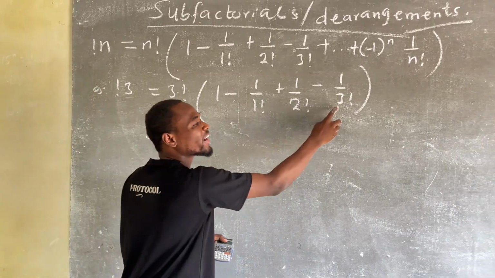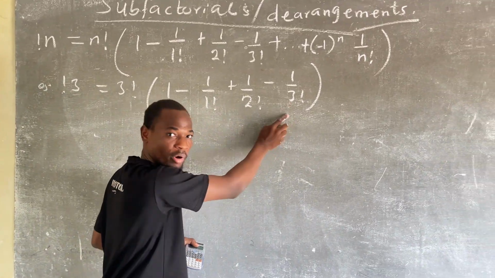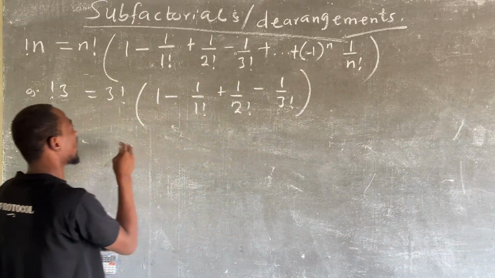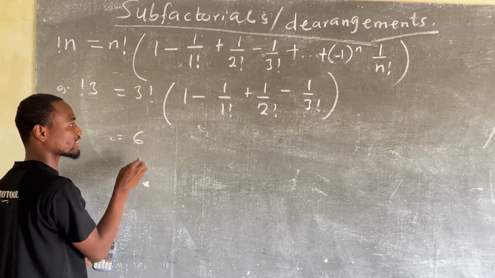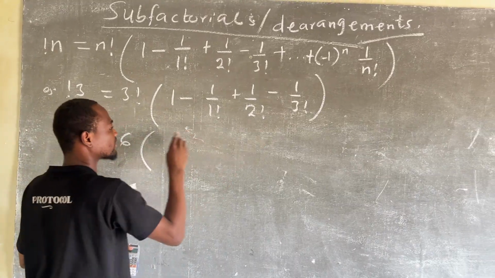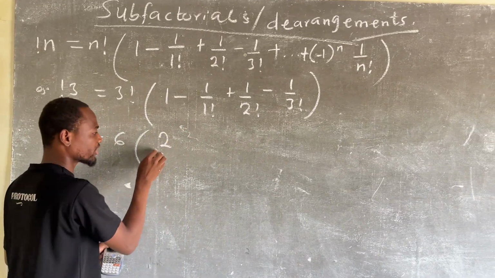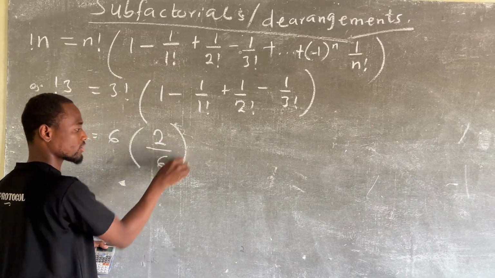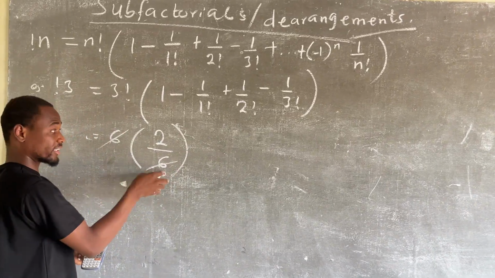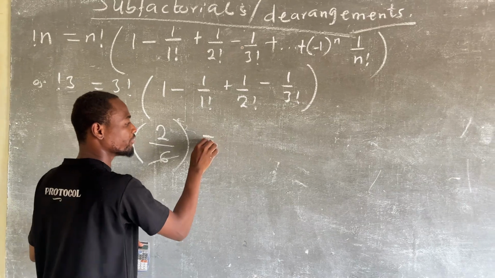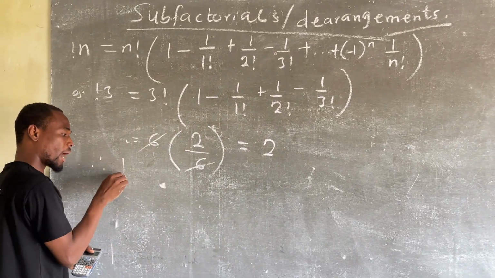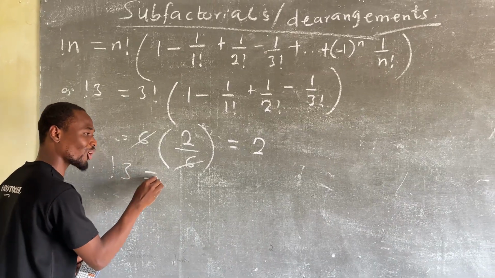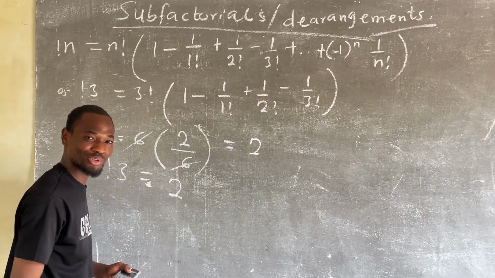So this is my end point. We already know that 3 factorial is 6. If I evaluate the bracket, I get 2 over 6, so 6 cancels 6, and eventually I have 2. Therefore, subfactorial of 3 is equal to 2.